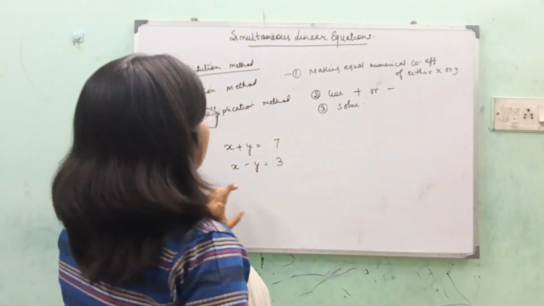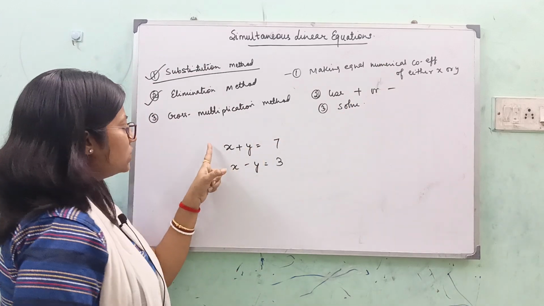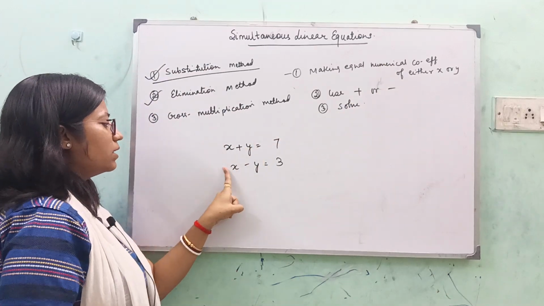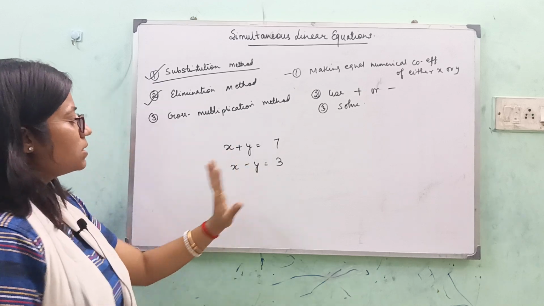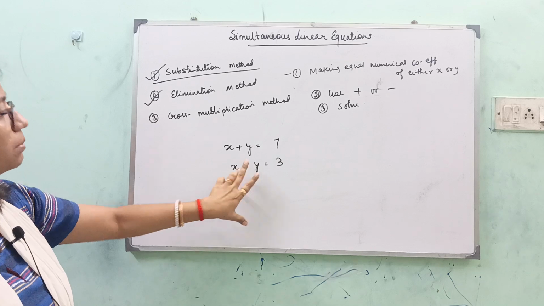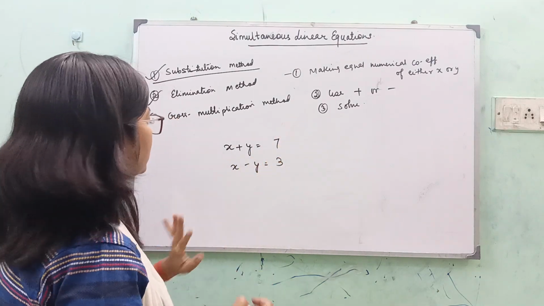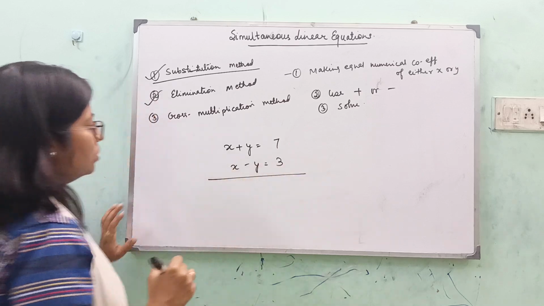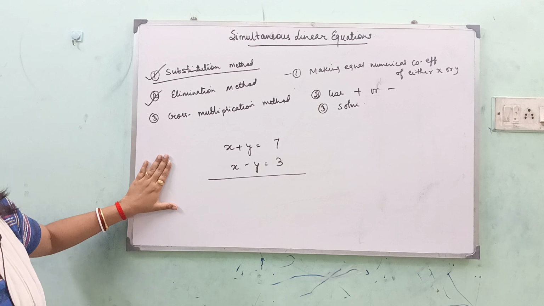Okay. So here, making the coefficients of x or y equal. In this case you see x has 1 here and 1 here, and y has 1 here and numerical coefficient minus 1 here. Here nothing needs to change. Now you will either subtract the equations or add the equations as per your choice.